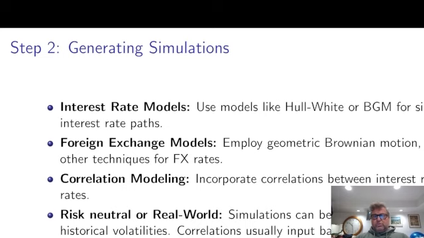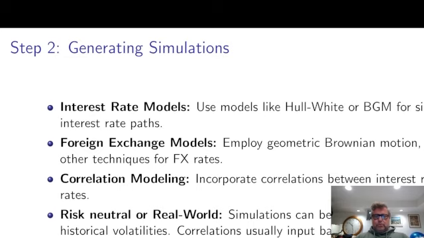There are different FX rates. Now you need to model interest rates and FX rates at the same time. And that implies that you need to model the correlation between interest rates and FX rates. And if you, for example, have equities, then you would need to incorporate equities into these models.